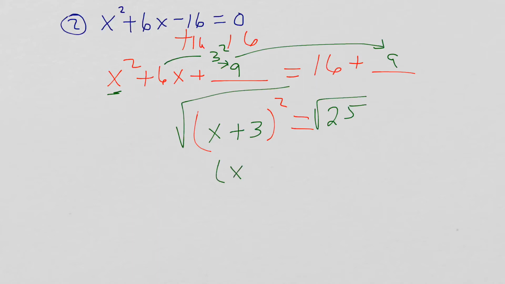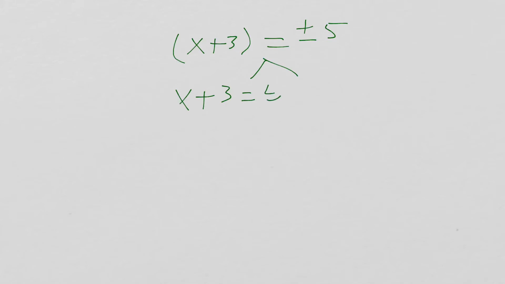So we're going to have x plus 3 is equal to positive or negative 5. So we're going to take now x plus 3 is equal to positive or negative 5 and break that down into two equations. X plus 3 is equal to positive 5. X plus 3 is equal to negative 5.